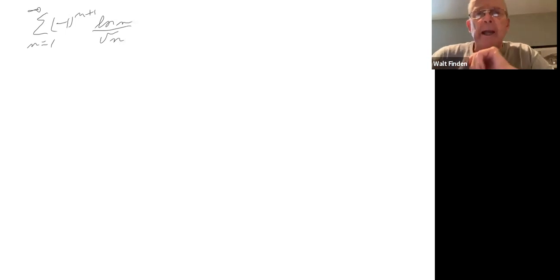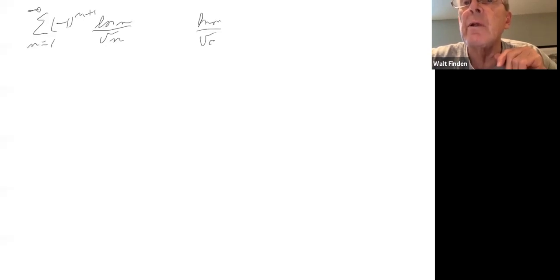Taking a look at that, the suspicion is that if I remove the minus signs, I will get divergence. I see that because natural logarithm of n over root n is greater than natural logarithm of n over n.